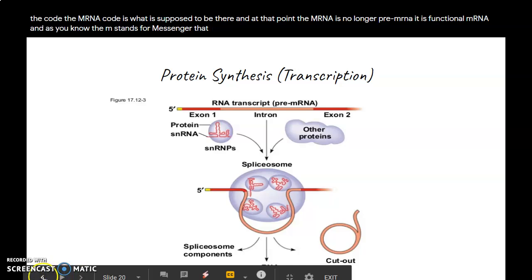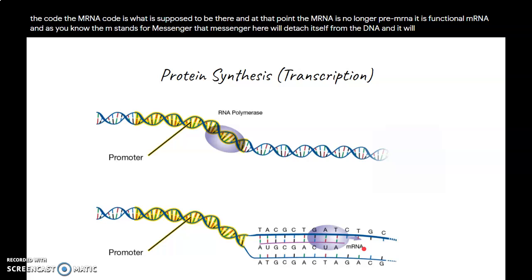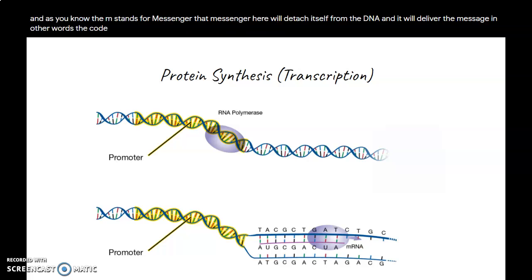That messenger will detach itself from the DNA, and it will deliver the message. In other words, the code for making these proteins is, of course, in the nucleus, which is where transcription is taking place. But where do proteins actually get made?